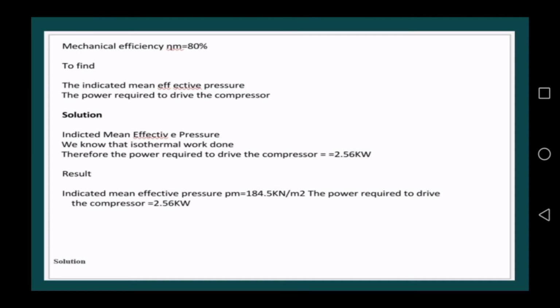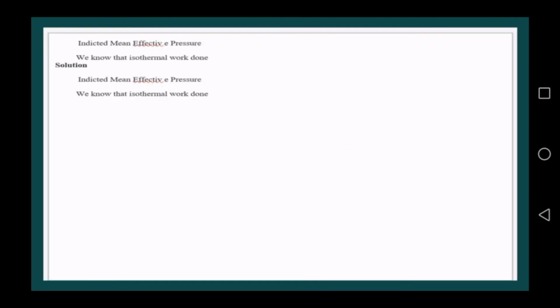2.56 kilowatt. Solution. Indicated mean effective pressure, we know that the isothermal work done is equal to 2.3 V1 P1 log parenthesis of V2 over V1, is equal to 2.3 times 10 raised to 5 times 30 log the parenthesis of 6.5 over 1, is equal to 5,609 times 10 raised to 3 joule per hour.